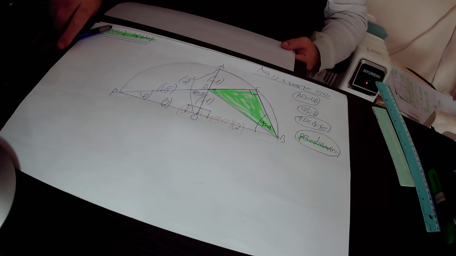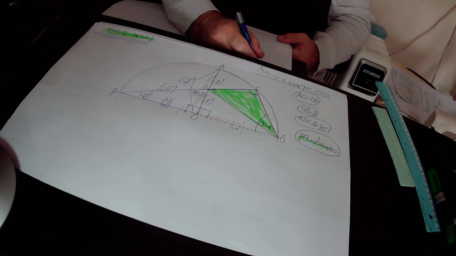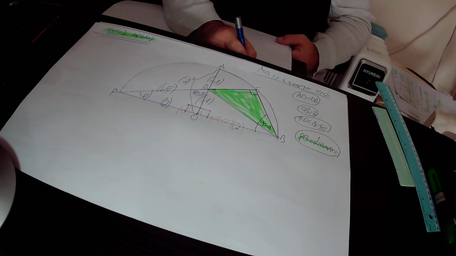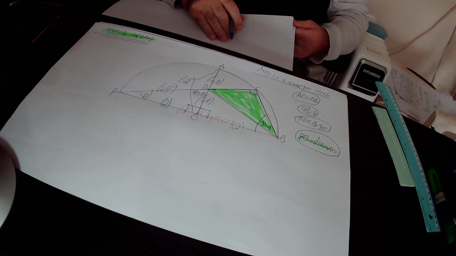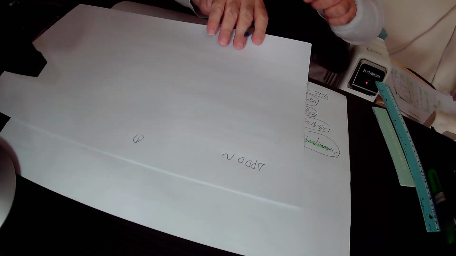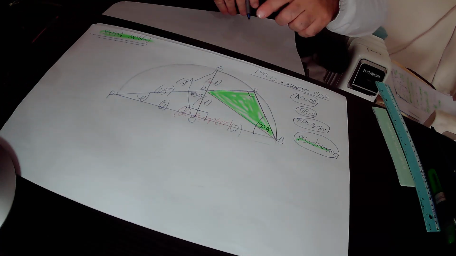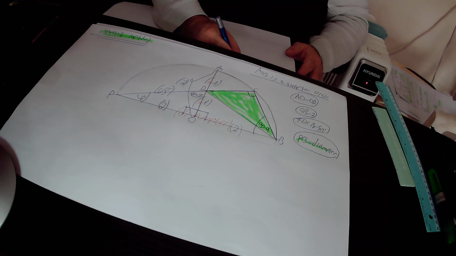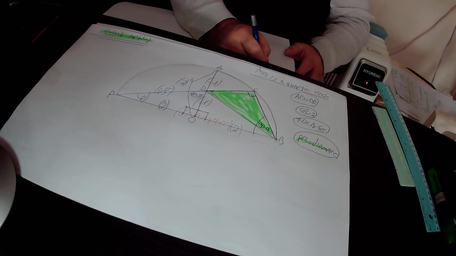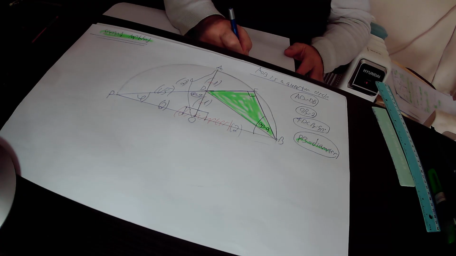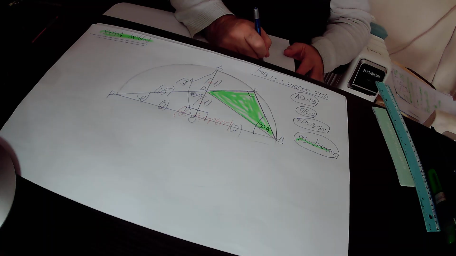So right now, the small right triangle PDO is similar to this big right triangle PCB, according to the angle similarity rule.